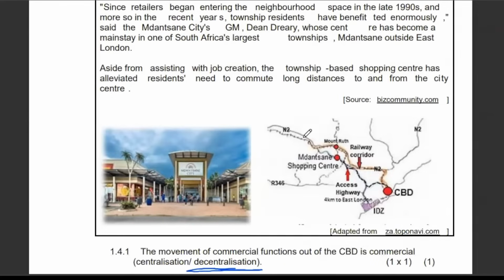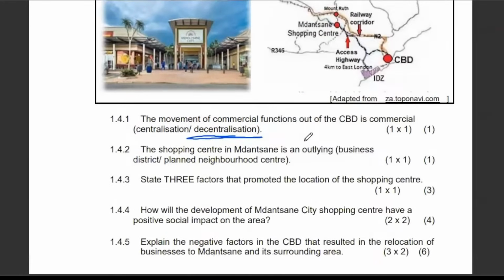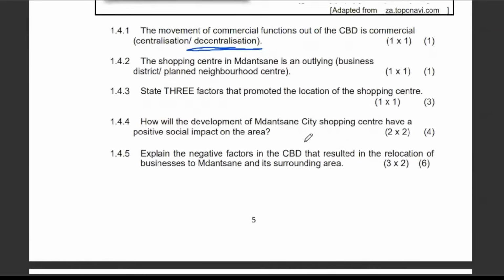So if we see here, this is a township-based shopping center. So our correct response is a planned neighborhood center.